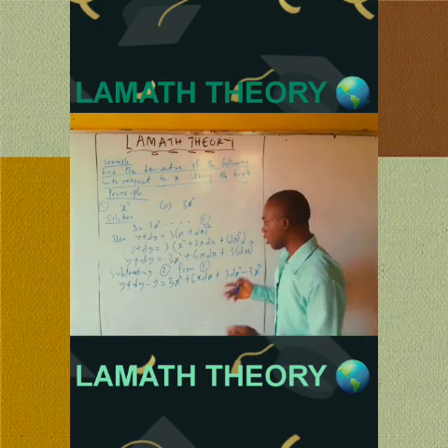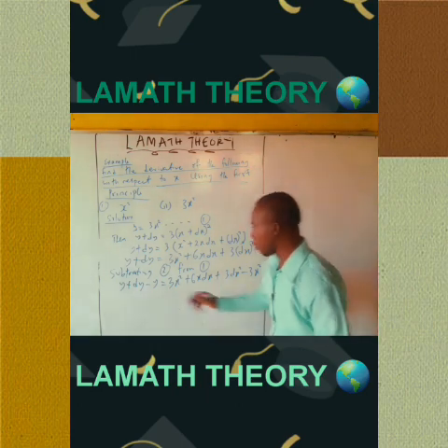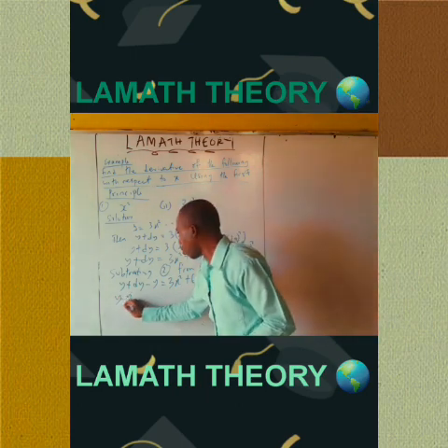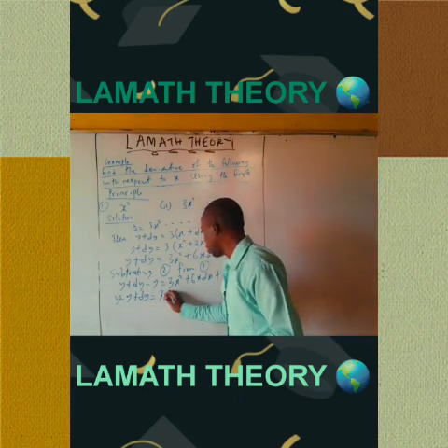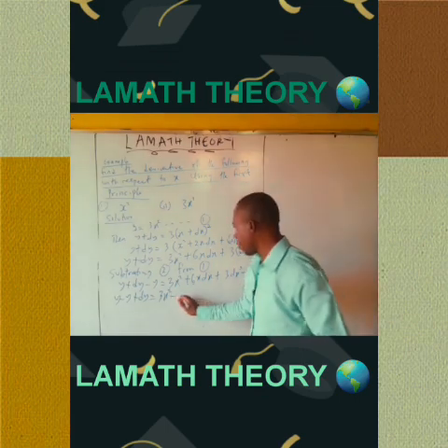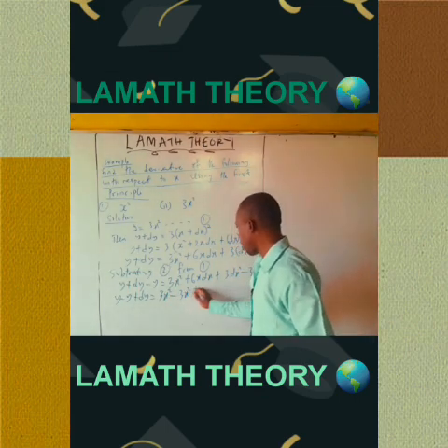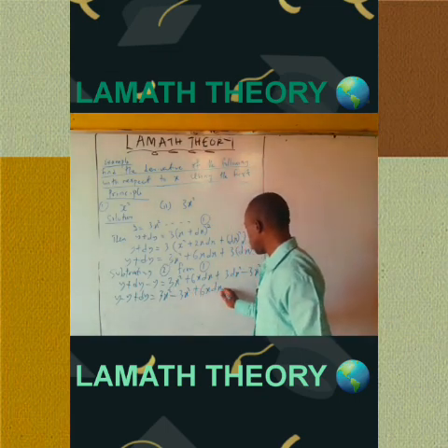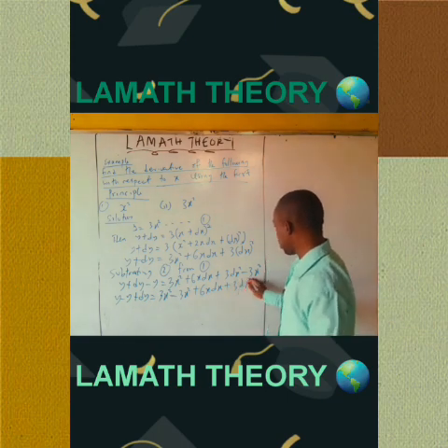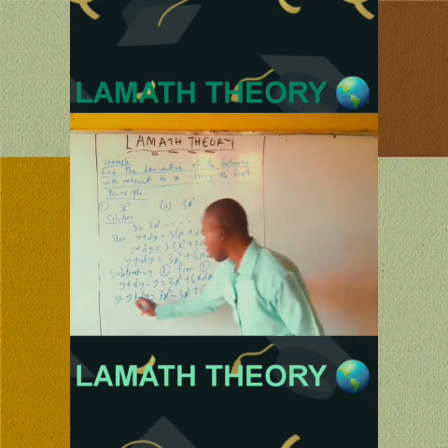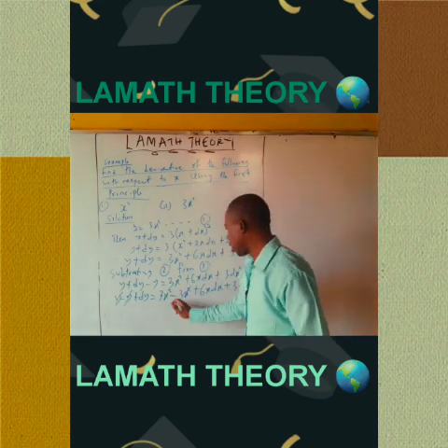Now, let's collect the like terms, where we have y plus dy minus y equals 3x squared. This one will come here, where we have 3x squared plus 6x dx plus 3dx squared. Okay. Now, this will cancel this, then this will cancel this.